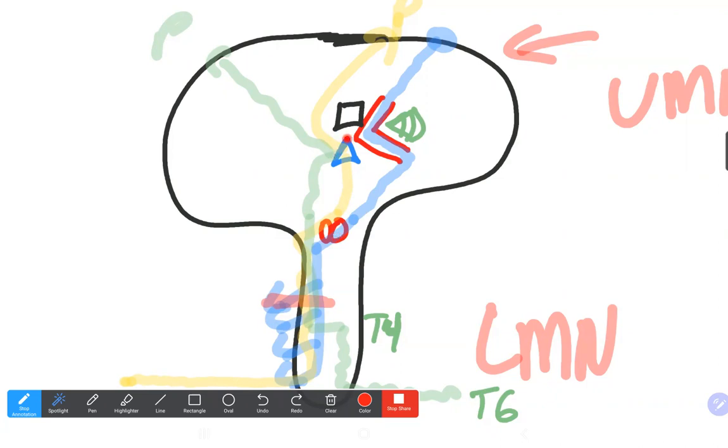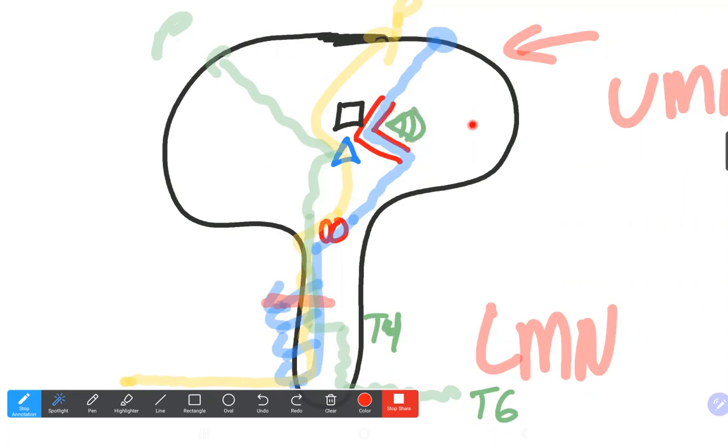This little triangle is my thalamus. You can choose whatever shape you like. I just did that to keep things simple. But that's our thalamus. Above the thalamus, I have my caudate nucleus. The boomerang, this little boomerang right here, is the internal capsule.